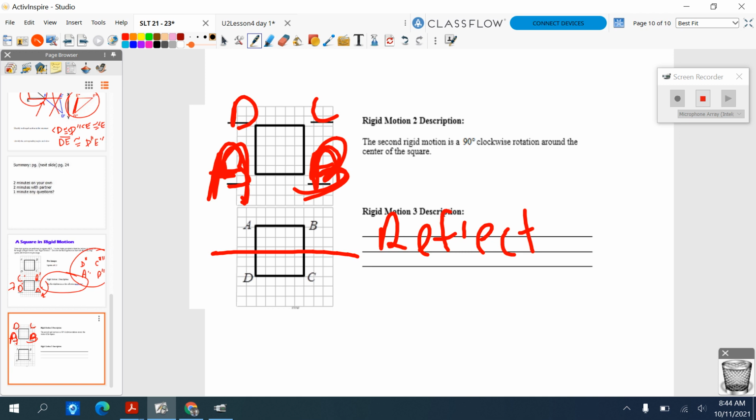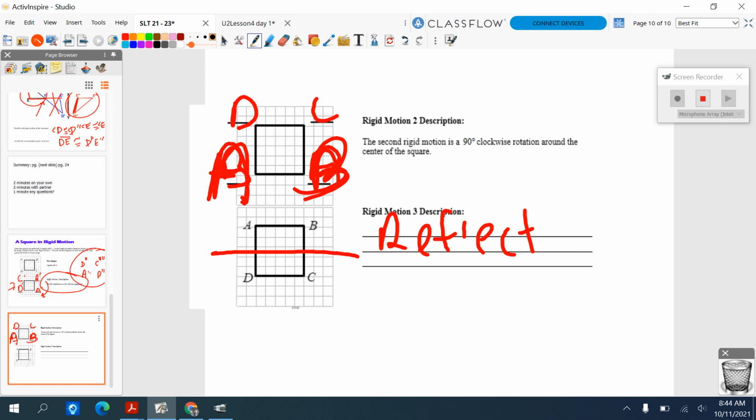Yep. A horizontal line, I guess you could say the perpendicular bisector of AD or the perpendicular bisector of BC, a reflection over it. I'm trying to think just to make sure that there's no other way. Yeah, there would be no other way that that would happen.